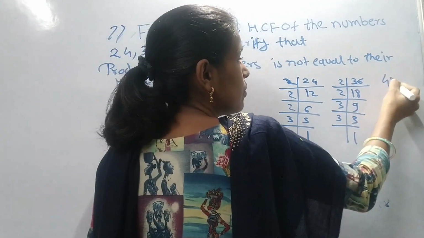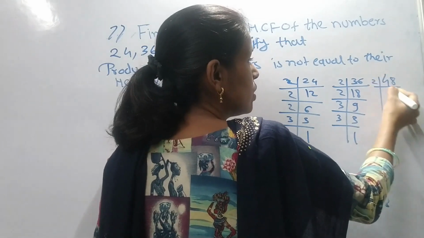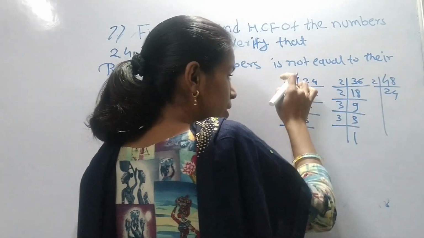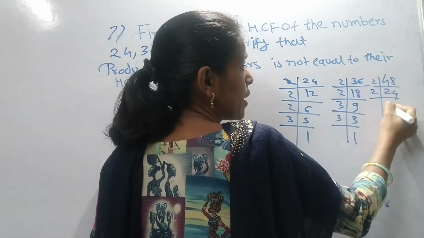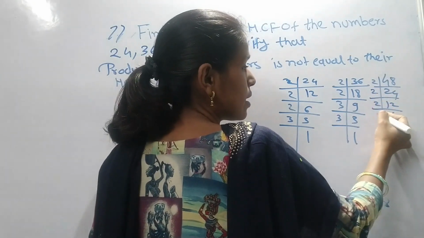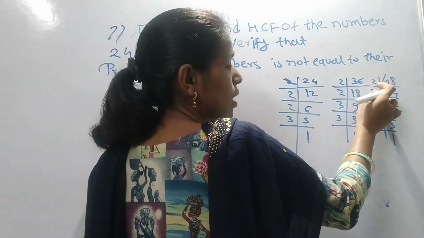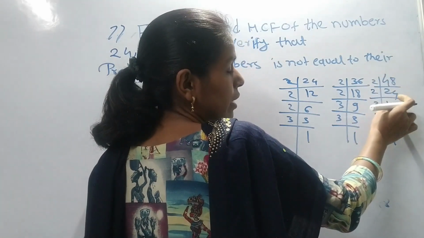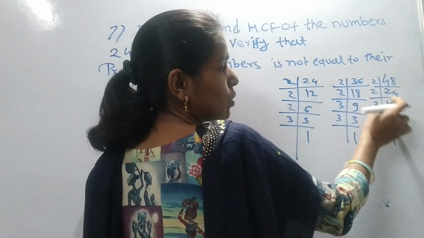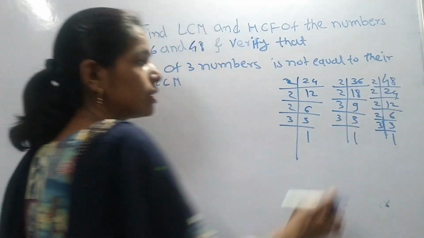And the last one, 48: 2 24s are 48, 2 12s are 24, 2 6s are 12, 2 3s are 6 and 3 1s are 3.